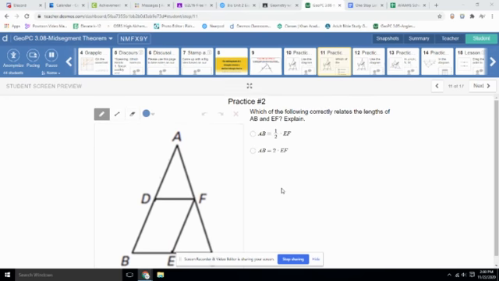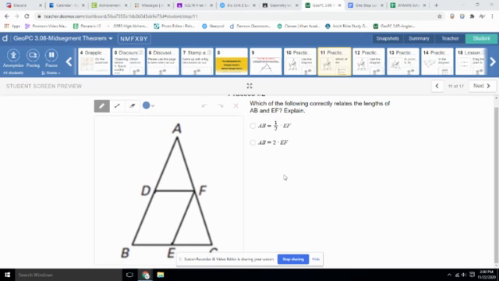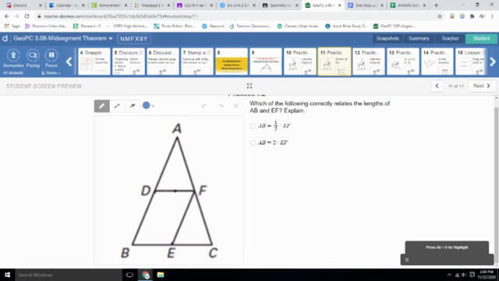Okay, so in Unit 3, Lesson 8, we're talking about the mid-segment theorem. The mid-segment theorem states that if there's a mid-segment, for example, DF, the line BC, which is parallel to DF, I'll just go ahead and highlight this. You can see what I'm talking about.